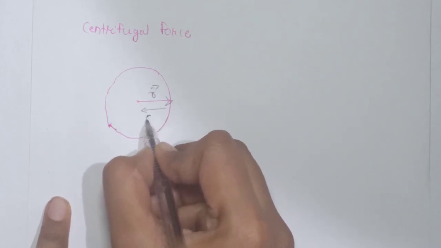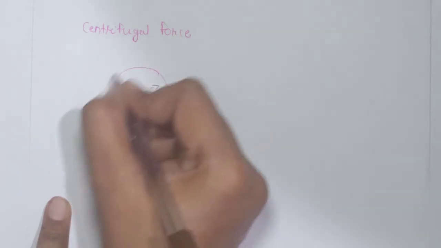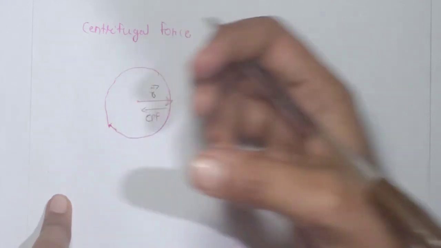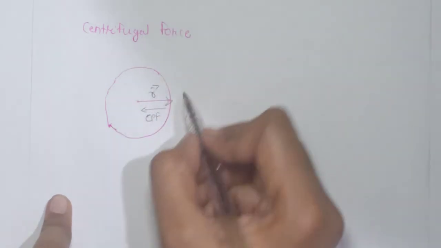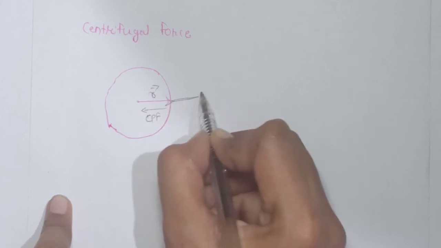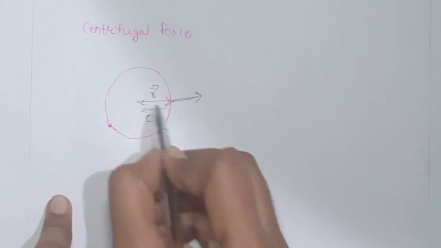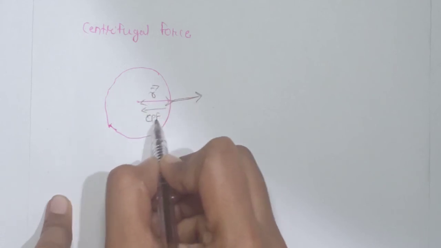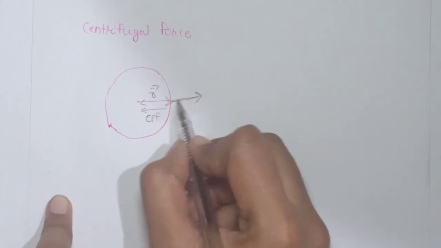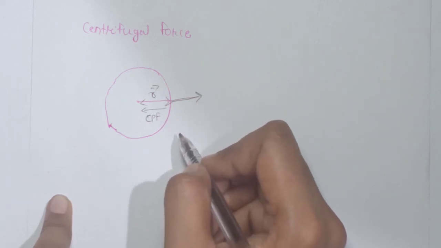That means the direction of CPF will be in this direction, and while performing that circular motion, the body will feel that outward pull. So the direction of the outward pull will be given by this. In this case, this one will be CPF, which is nothing but centripetal force, and the resultant force, that is the action according to Newton's third law.